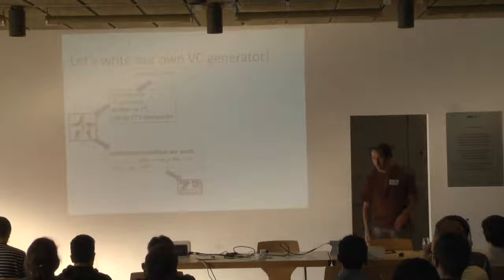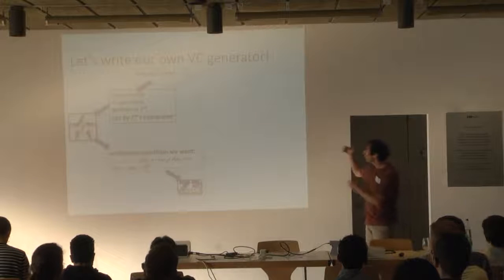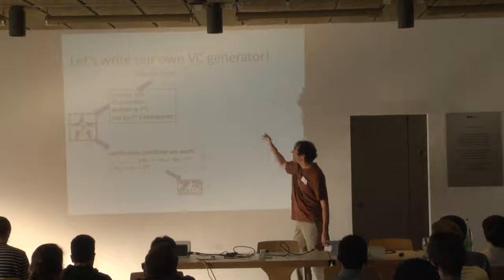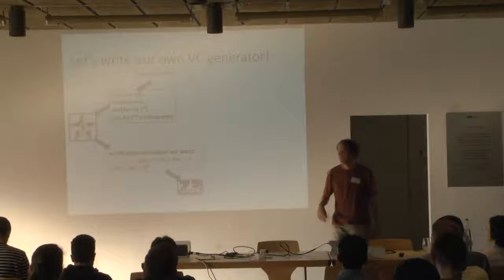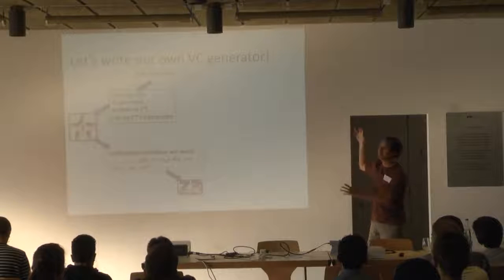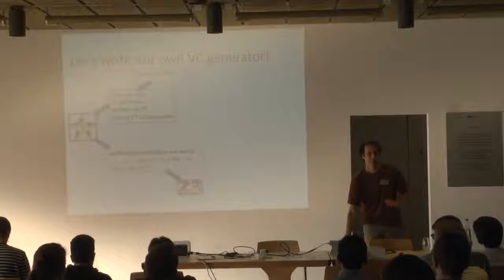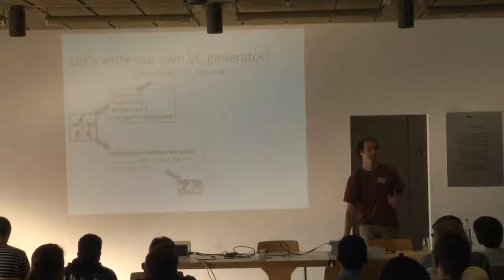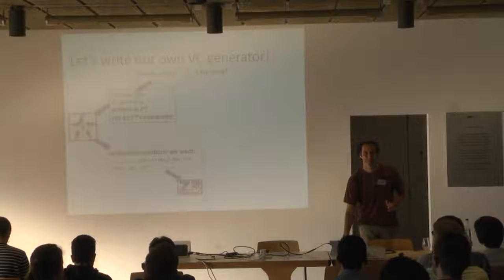We have to decide what our inputs and outputs to this VC generator are. So, for example, we could say, okay, the VC generator should take our Veil file as a big string and parse it and generate a VC. But that's going to be hard, so I don't want to do that.